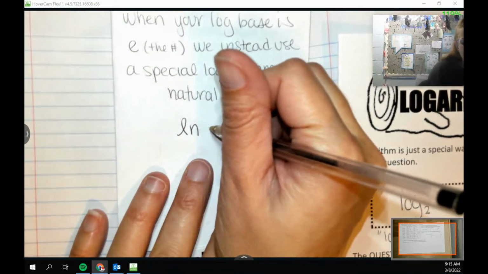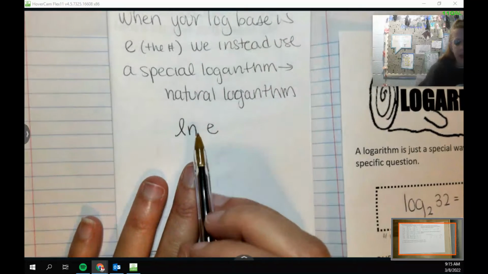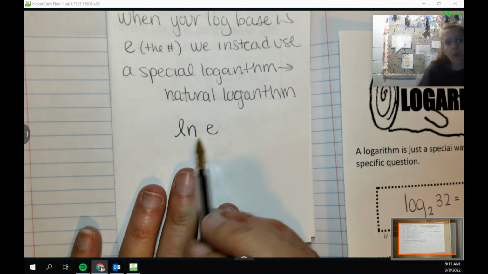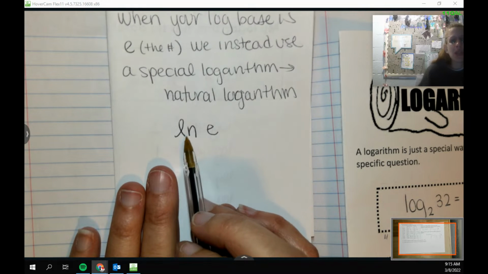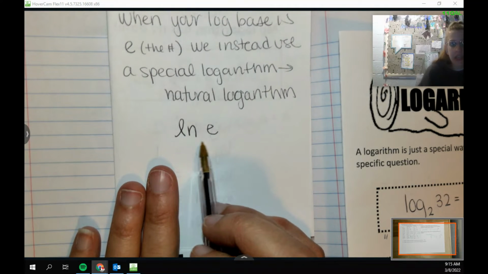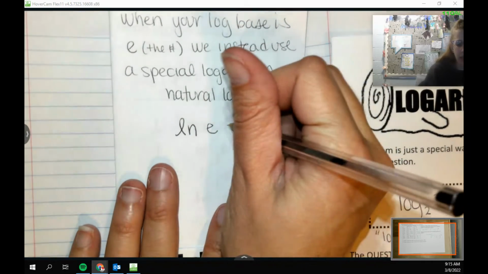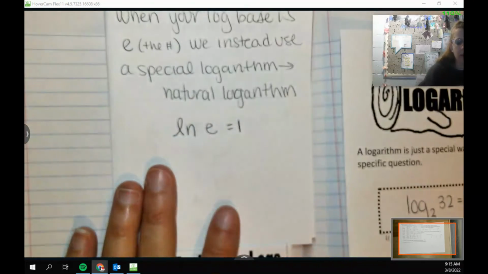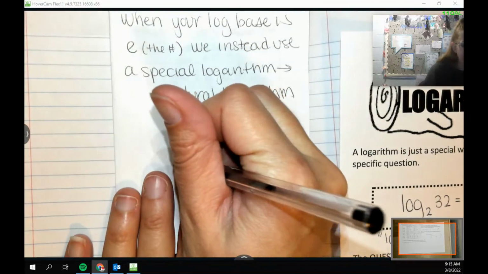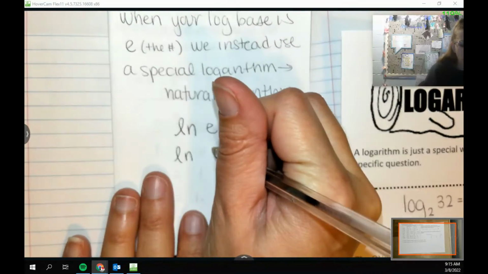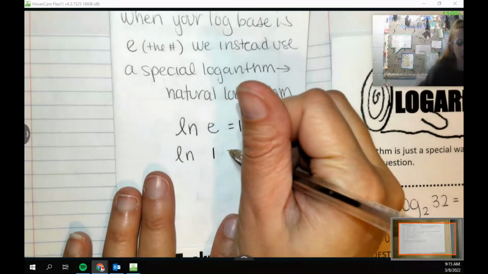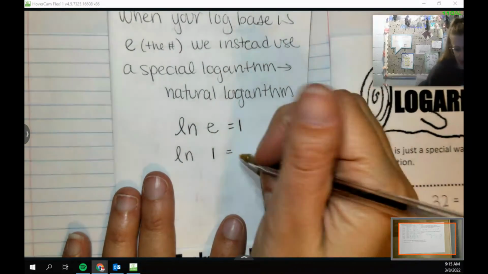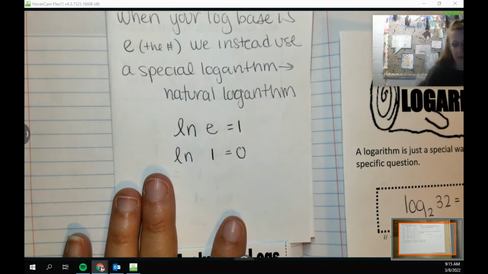So if we saw the natural log of e, it will also not put a base because the only time we use natural logarithm is if our base is e. So this is really asking me e to what power is e? And I think that's 1. Or if I had the natural logarithm of 1, so e to what power is 1? Well, any number to the 0 power is 1.